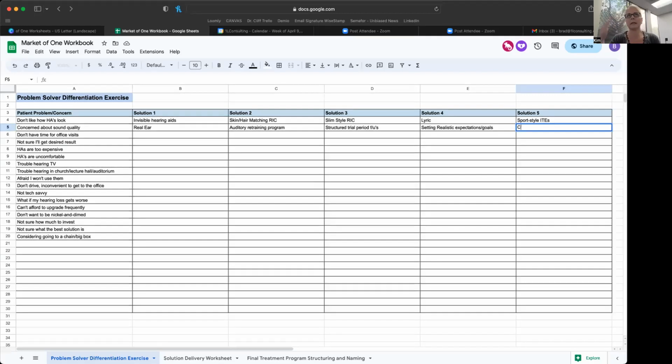We can explain it, they can see it visually, and know that this is the goal, that we're not just guessing or saying, how does this sound? But it's okay that we want them to be comfortable and be able to wear them versus taking them out. And that's part of the process, gradually getting into their full prescription. Cool, that covers it.